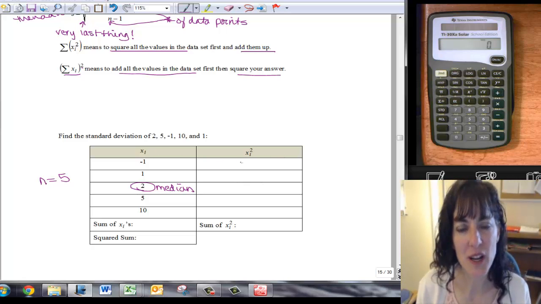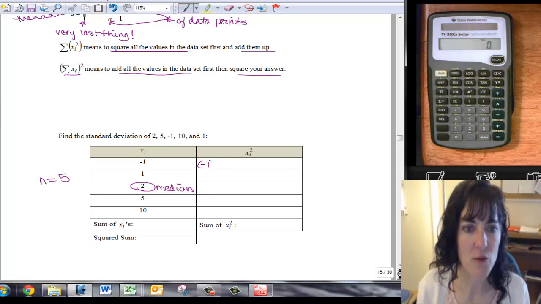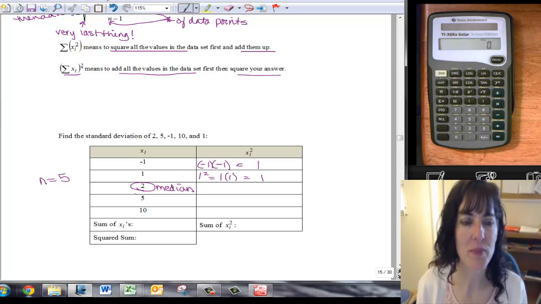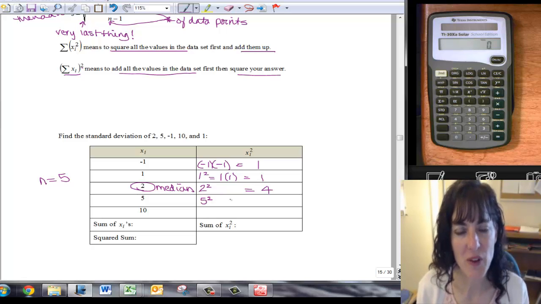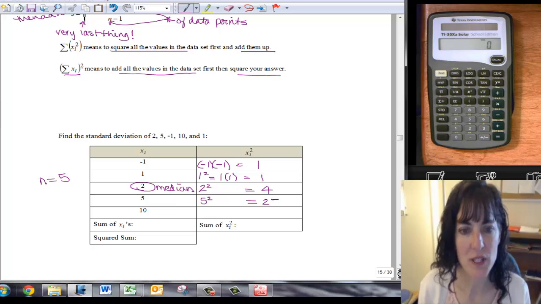So the first thing I do to fill in this table is I go ahead and square each value. For this first one, my data point is -1, so I'll say -1 times -1, so I'm squaring it. Negative times negative, so it's going to be +1. Then the next one, 1, and I'm squaring that, which means 1 times 1, just a 1. Squaring the 2, so I have 2 squared, 2 times 2, that's going to give me a 4. 5 squared is 5 times 5, so that's going to give me 25.